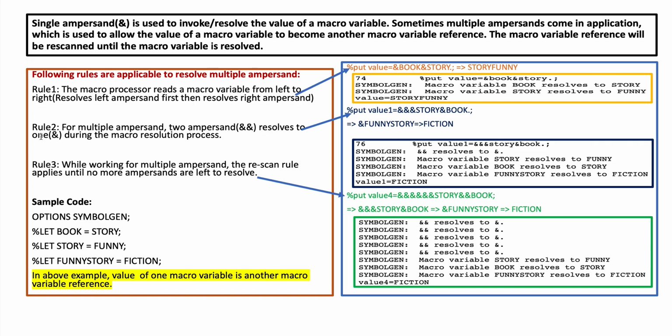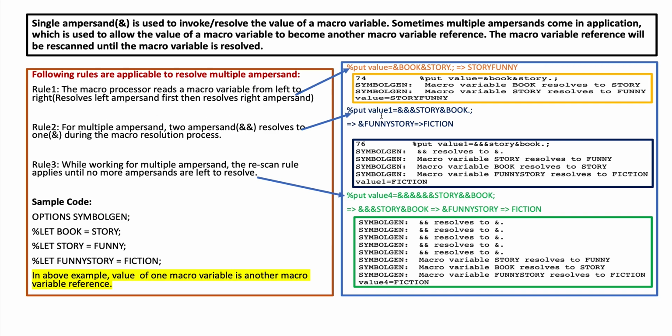Rule number 2 for multiple ampersands: two ampersands resolve to one during the macro resolution process. That means if we have two ampersands, then it resolves to one first. After that, it resolves the macro variable value.